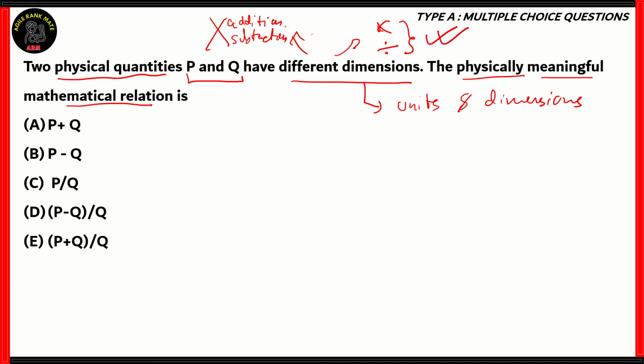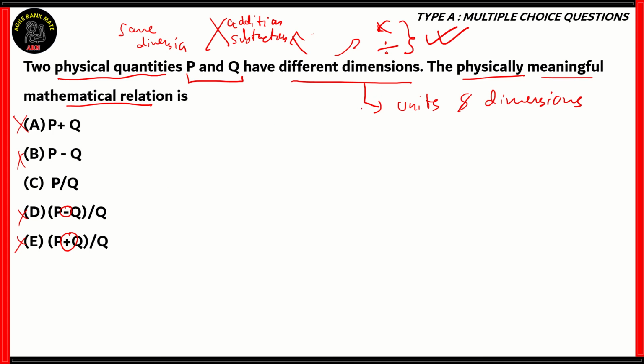The reason being that for addition and subtraction you need same dimensions, while for multiplication and division that's not always the case. So if you look at our options, you can see that option A is incorrect, B is incorrect, because it's addition and subtraction. Options D and E are incorrect because in the numerator there is an addition or subtraction, which is not possible with something for different dimensions.